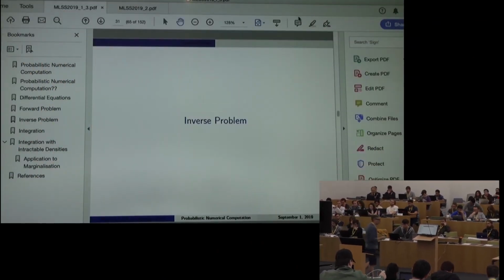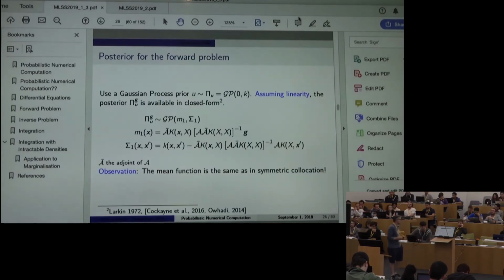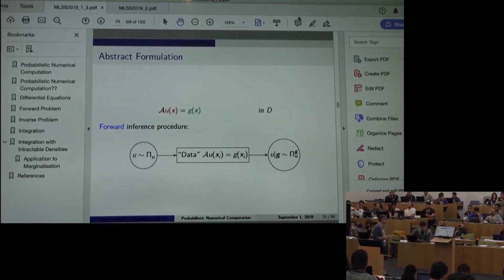So, if you remember, we spent our time yesterday talking about the forward problem, which was that we had some operator, calligraphic A, acting upon our unknown function u, along with some boundary conditions and some forcing conditions.